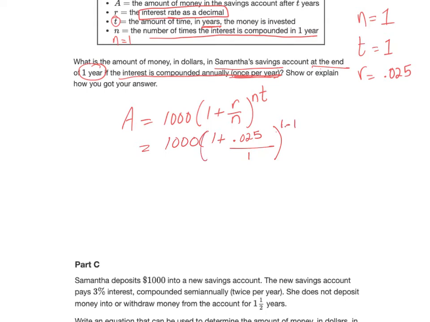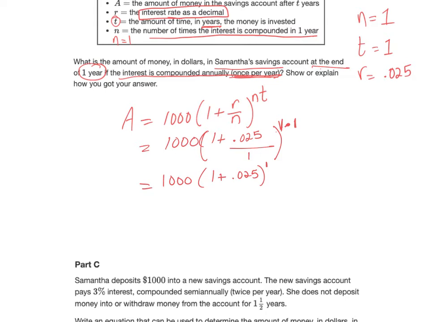Okay, so this is multiplication here. All right, so thankfully this simplifies quite nicely. So we have 1,000 times 1 plus, now anything divided by 1 is itself, so I'm going to have 1 plus 0.025, and 1 times 1 is 1.